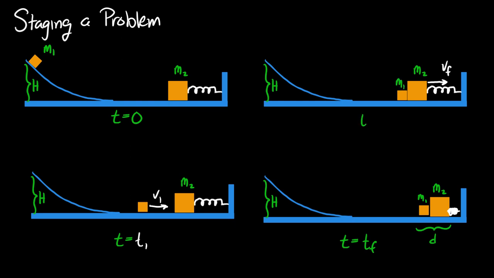We're going to call this T2. Now, they added a couple things, but not much. There's a transition from here to here. Something occurs there. There's a transition from here to here. Something occurs there. And there's a transition from here to here. So there's something that happens from t equals 0 to t1. There's something else that happens from t1 to t2. Something else that happens from t2 to t final.